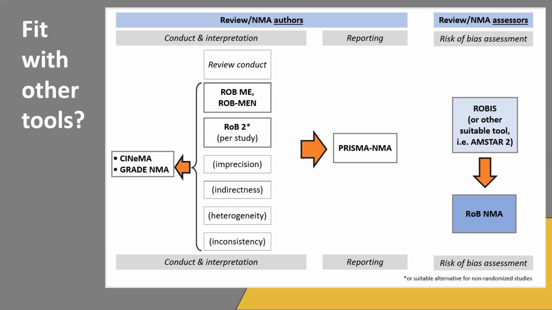Once the study is finished, they'll use PRISMA NMA to assess reporting comprehensiveness. And finally, when it's all published, reviewers and NMA assessors, critiquers, people who want to see what the biases in the network meta-analysis are, would first use the ROBUST tool, which we recommend, and then eventually, hopefully, our RoB NMA tool.